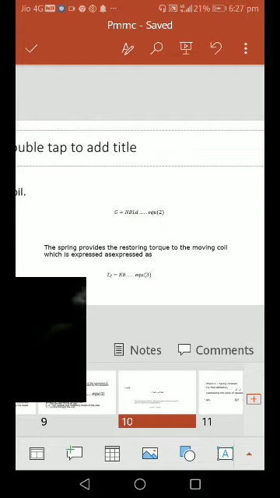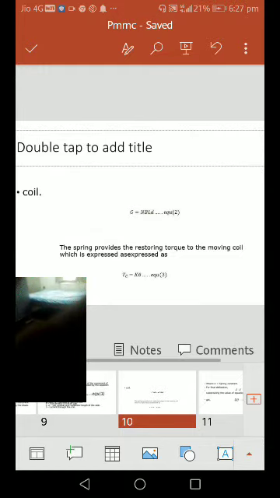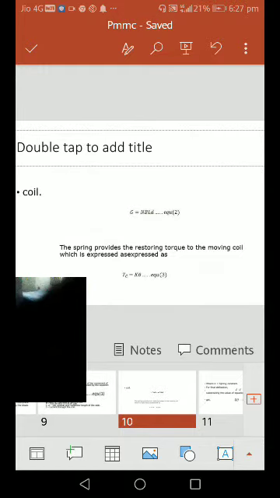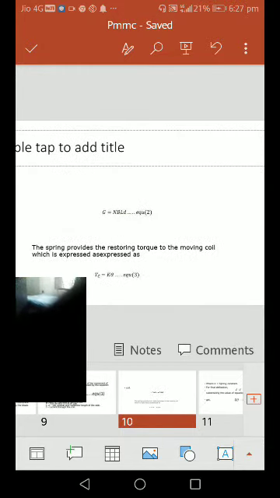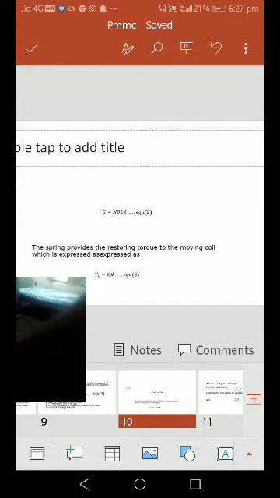Next one is the spring. The spring provides the restoring torque to the moving coil, which is expressed as the controlling torque.